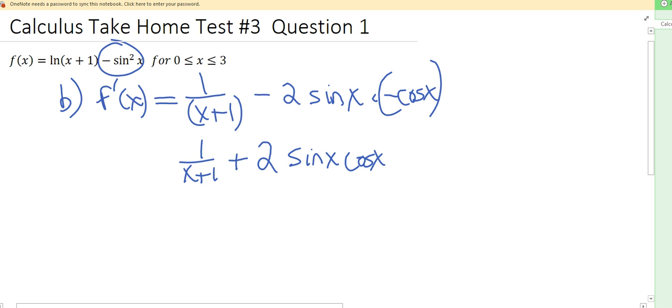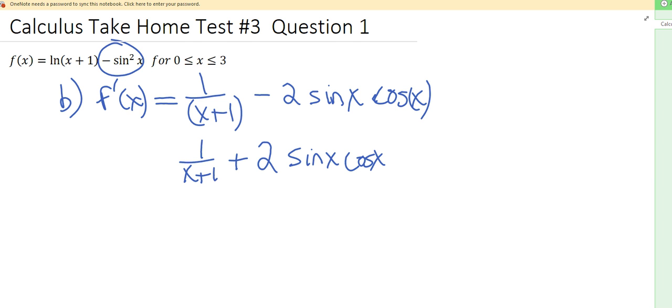Now what we need to do is stick this in the calculator. Whoops, I sure did make a mistake. Sorry about that. This derivative right here, the first part's okay. The derivative of sine is a positive cosine of x, so be careful right there. Don't make that same mistake.